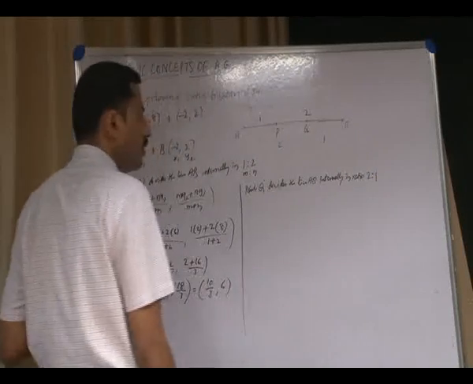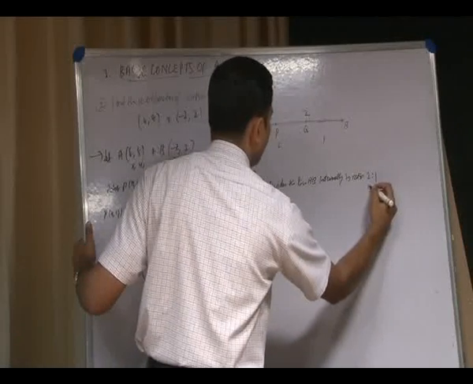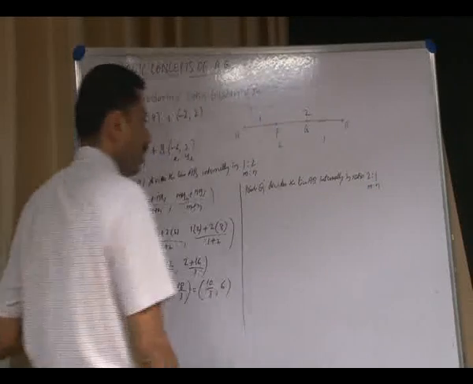internally in the ratio 2:1, that is here m value is 2 and n value is 1.